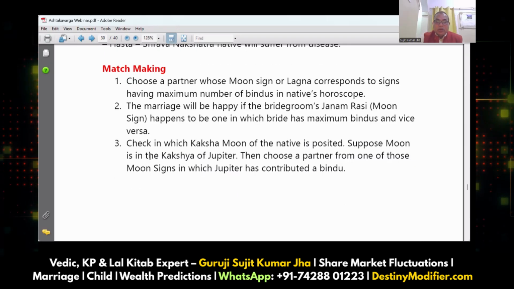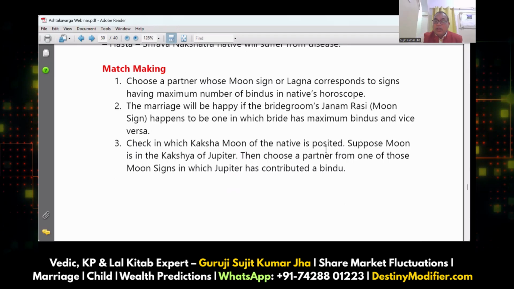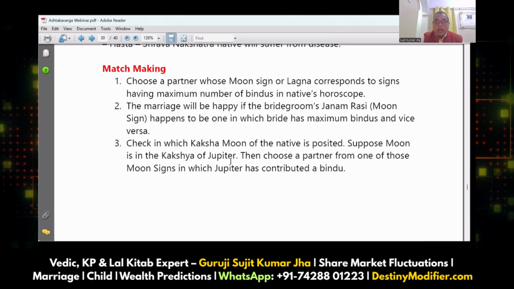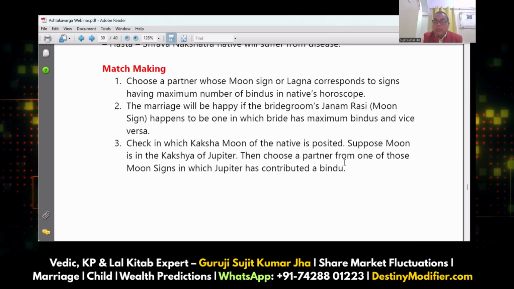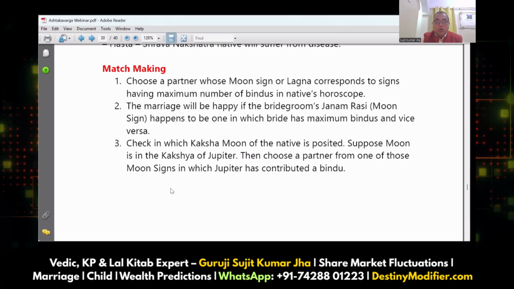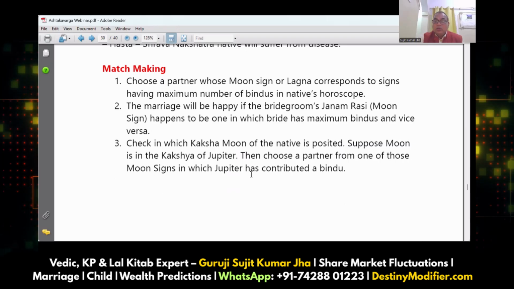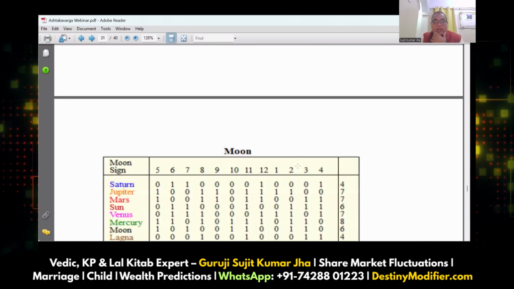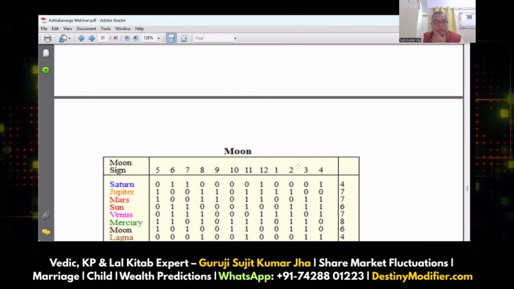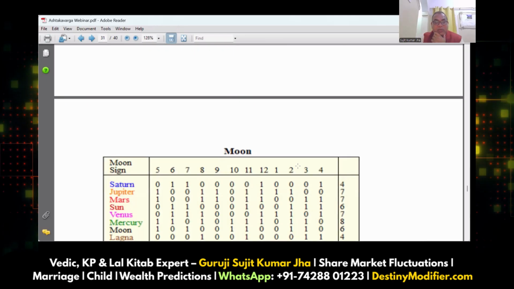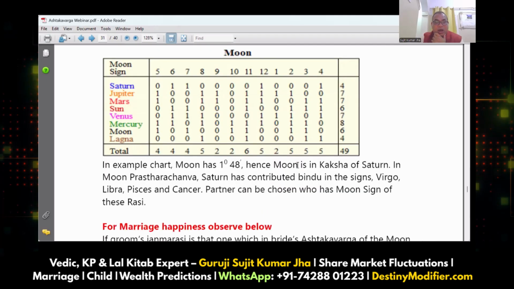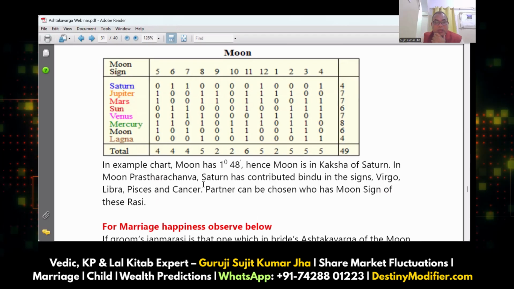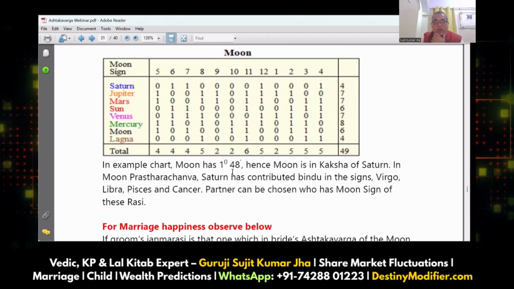Then another point is to check in which kaksha the Moon of the native is placed. Suppose the Moon is in the kaksha of Jupiter, then choose a partner from one of those Moon signs in which Jupiter has contributed a bindu. So like that we can find Moon matching, marriage matching, with the help of this concept. How to see here in the boy's chart: the Moon is at 1 degree 48 minutes.